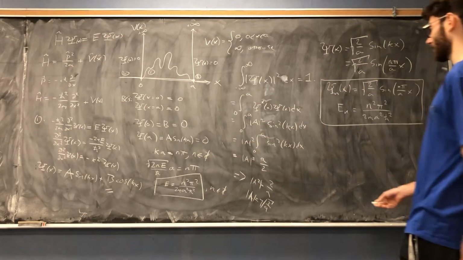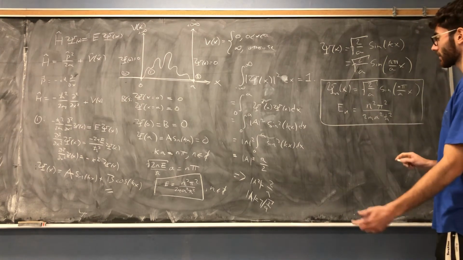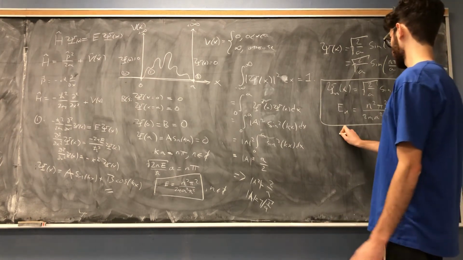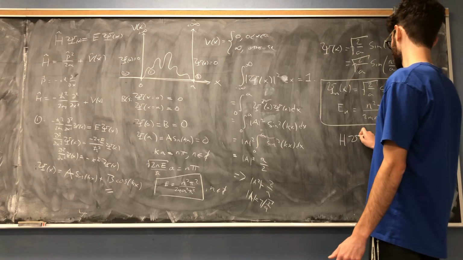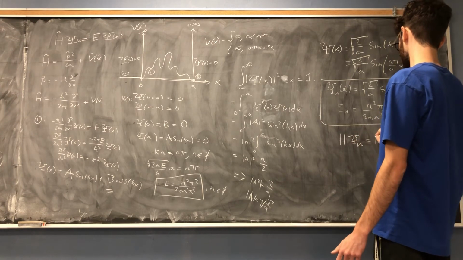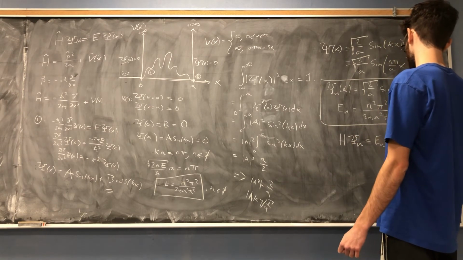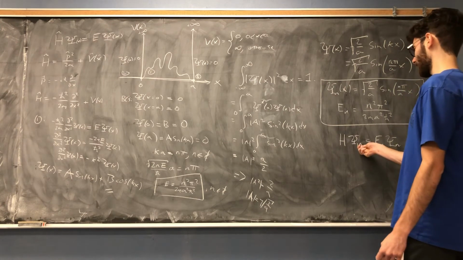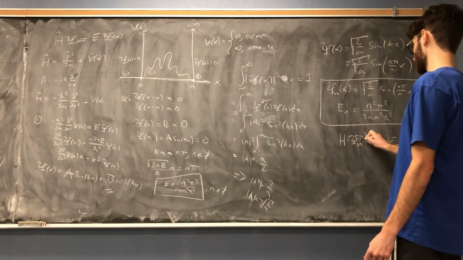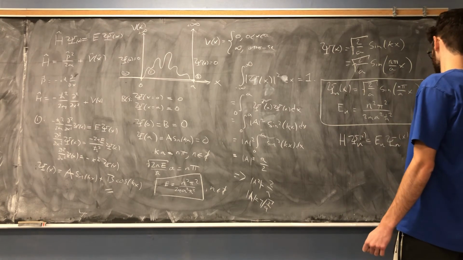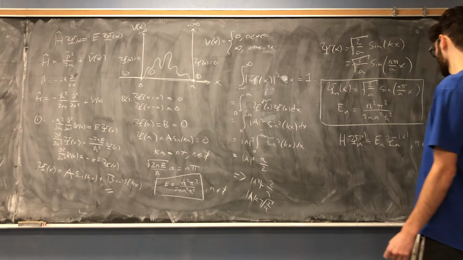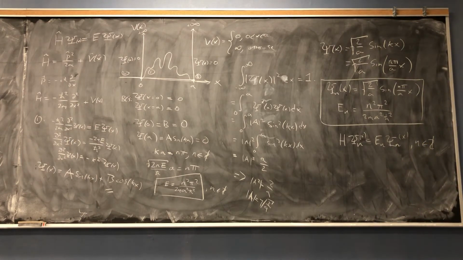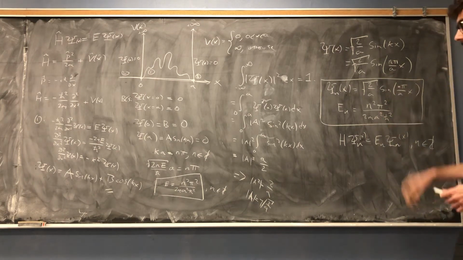The point is that there are an infinite number of solutions that satisfy this equation here. And we've found that we could index them with a variable n, with an integer n. And physically, what these solutions look like is they're just sine waves.